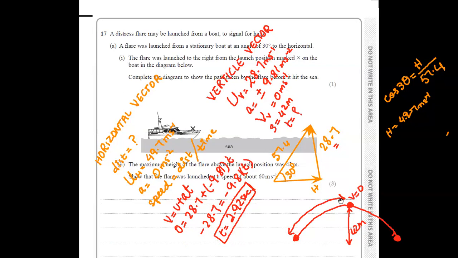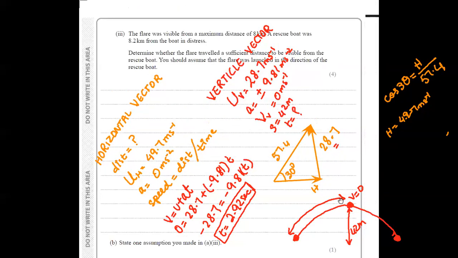In this question, I don't have to, because my flare is going from the sea and landing back into the sea. So it's quite simple. I'll simply multiply it by 2. The total time for the journey comes out as 5.85 seconds.